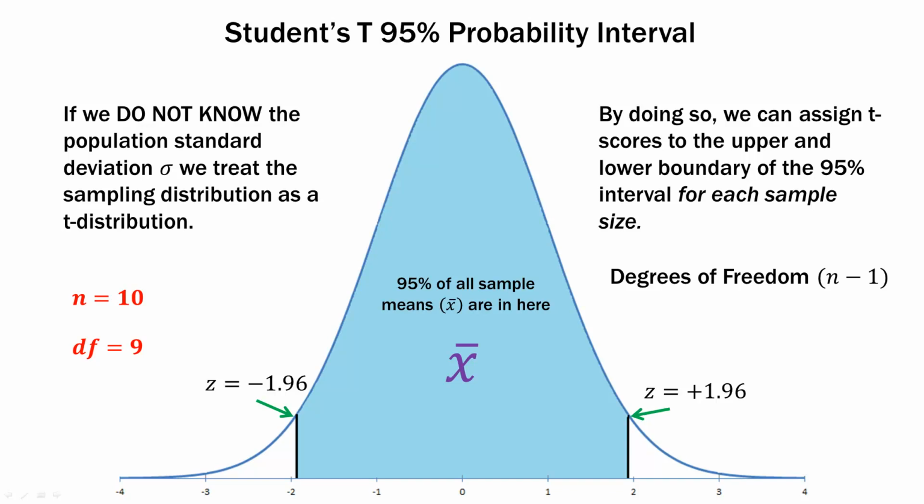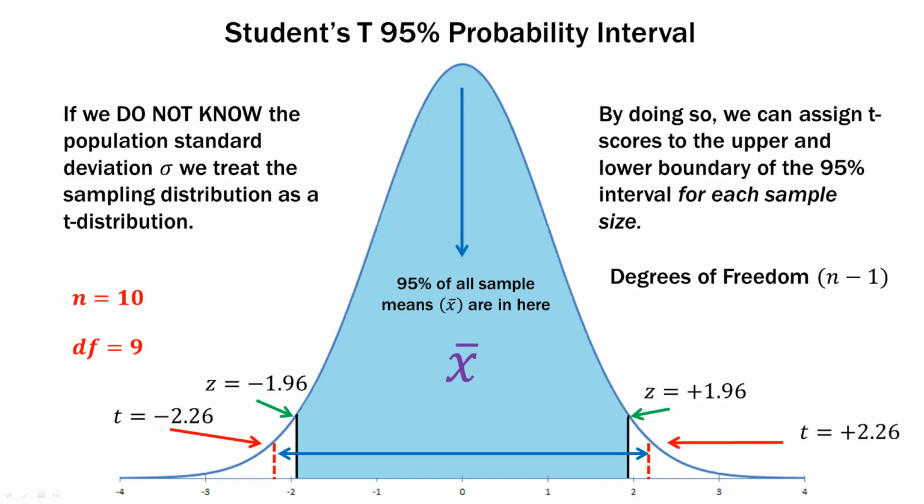So in general, what's going to happen? Now compared to the standard normal distribution, the curve is going to get slightly smaller in the middle. It's going to get a little bit wider on the ends because we have more probability out there. And we'll have new boundaries there where the red dotted line is. Now I know that this is a t of negative 2.26 on the left and positive 2.26 on the right.